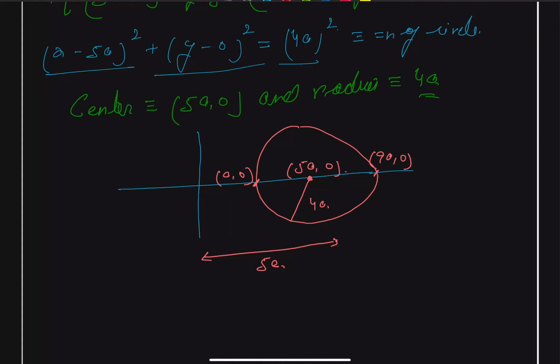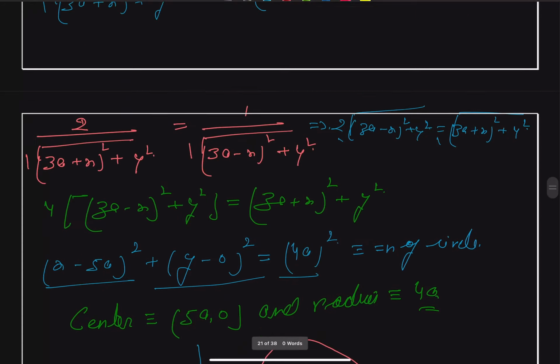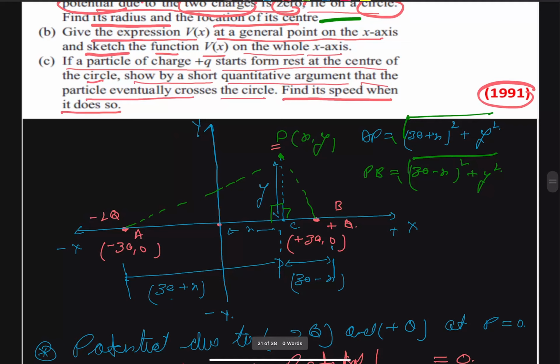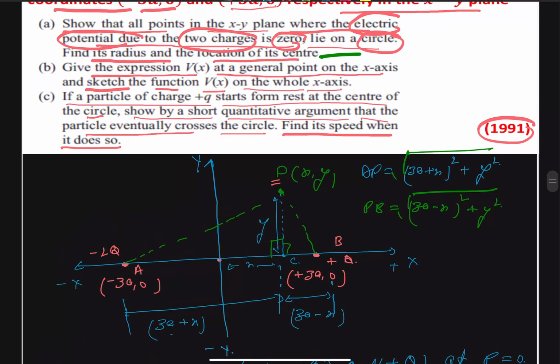So this will be the circle. And in part B, it says to find the expression for V of x, where x is any point on the x-axis. Okay, we need to find out the expression for the potential.